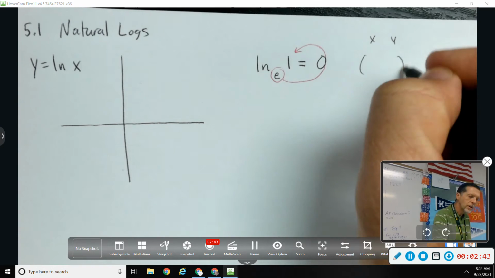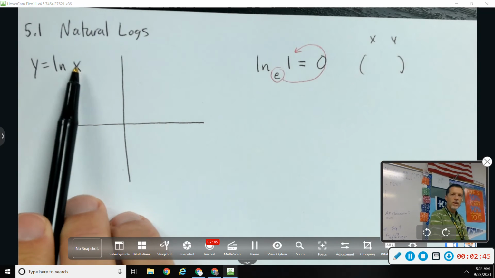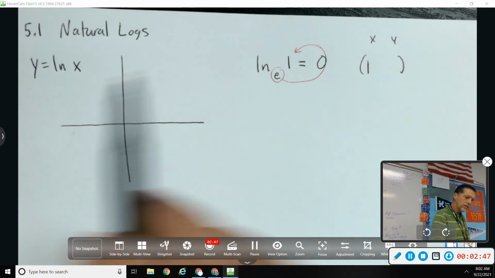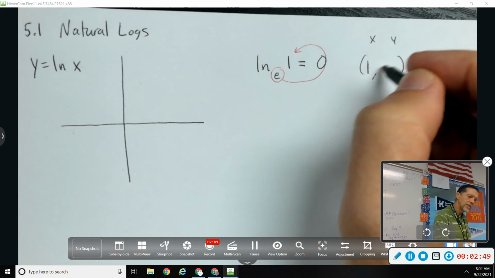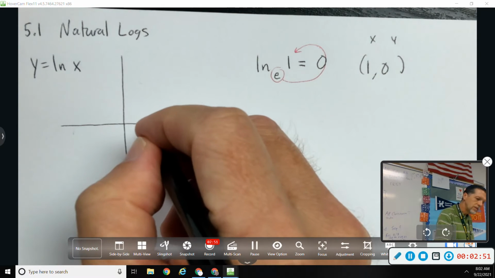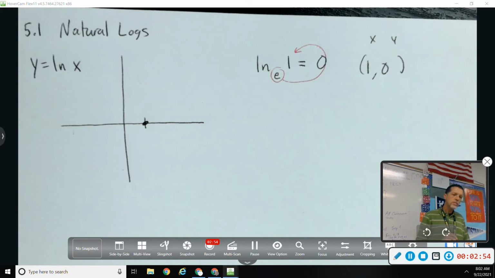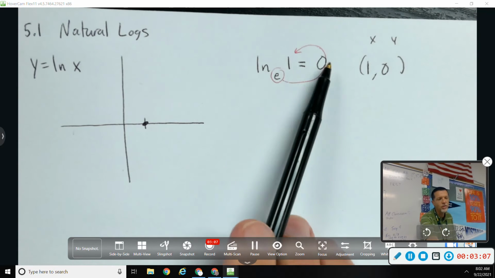And if we're thinking about an ordered pair here, 1 is the x value, and the natural log of 1 is 0. So (1, 0) is a point. You have to know it. I don't know that I'd say you have to memorize it, because if you think about the fish hook thing, you can figure it out.